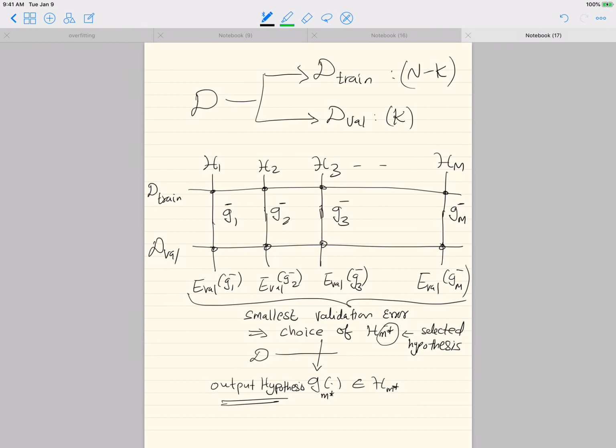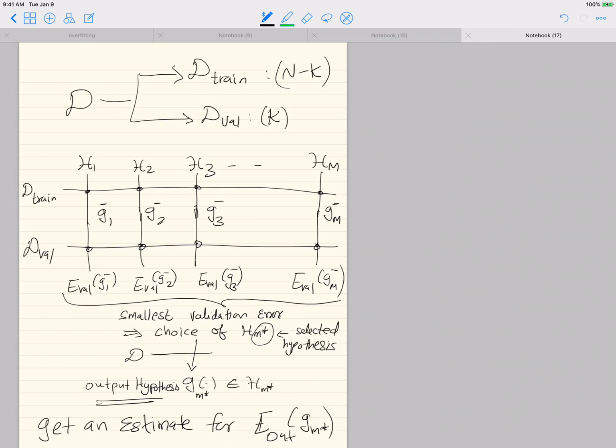What we want to do is get an estimate, ideally, for our test error. We want to compute this quantity. Now, what have we computed?